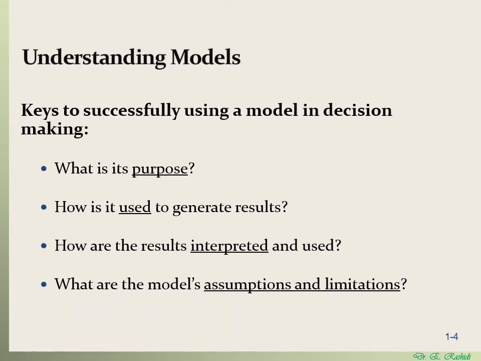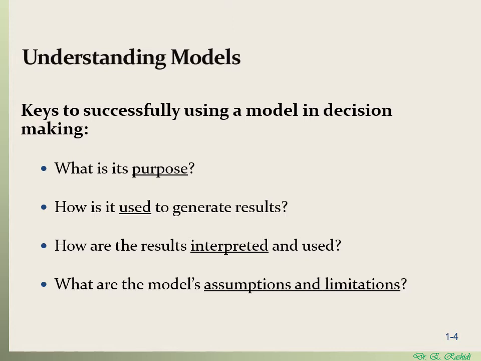Understanding models. There are some keys to successfully using a model in decision making. Those are the purpose of the model, or what it does. What does the model do? Next is the way the model has been used to generate the results that it has produced. And after having the results, the interpretation of those results also is very important.